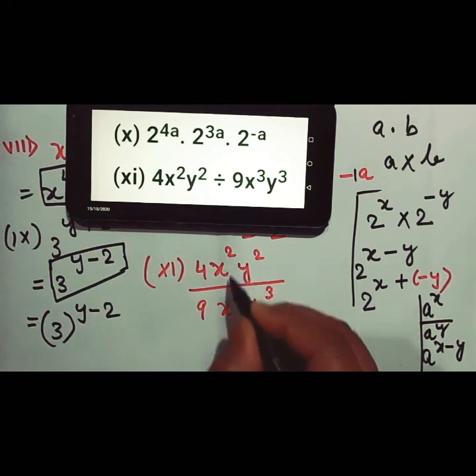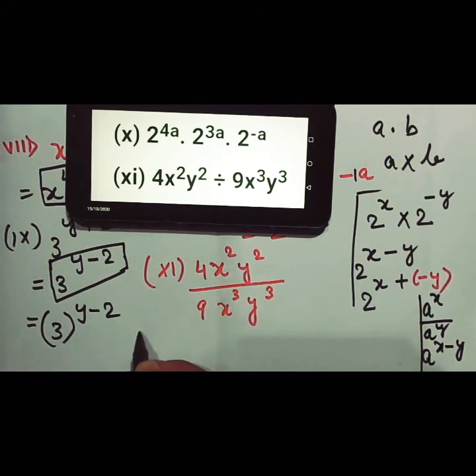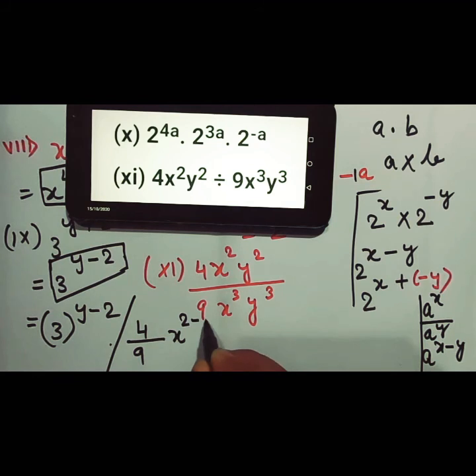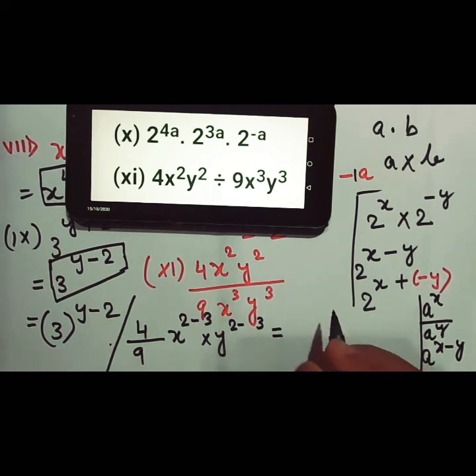Similarly, x square and x cube are here. So without getting confused, we will write this as 4 by 9, x to the power 2 minus 3 and y to the power 2 minus 3. So we will get a value of 4 by 9, x to the power minus 1 and y to the power minus 1.